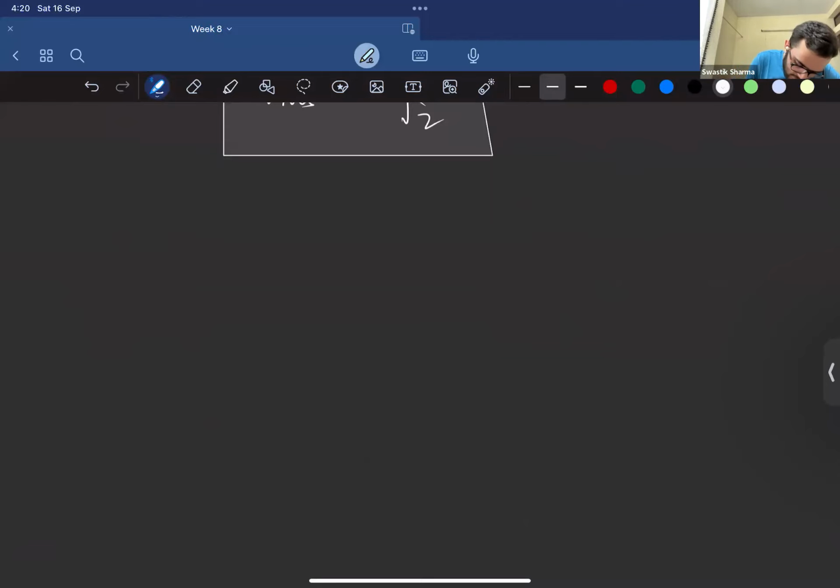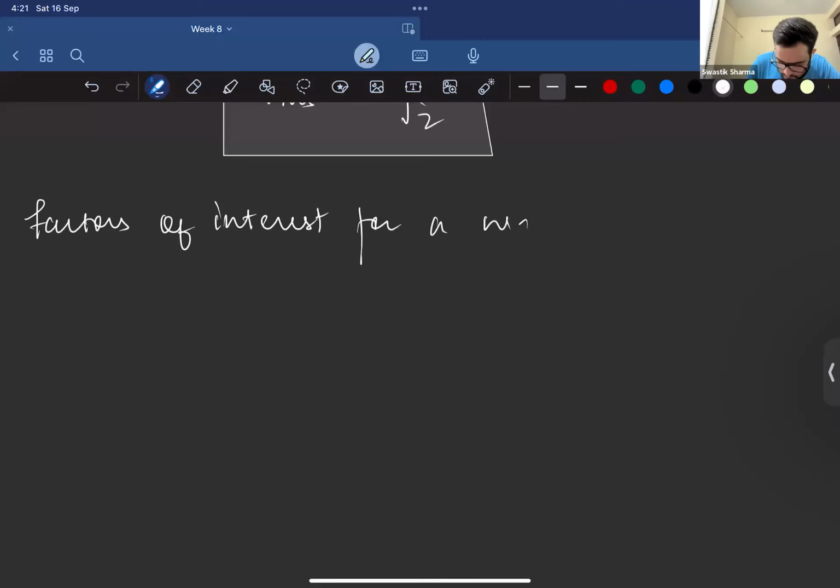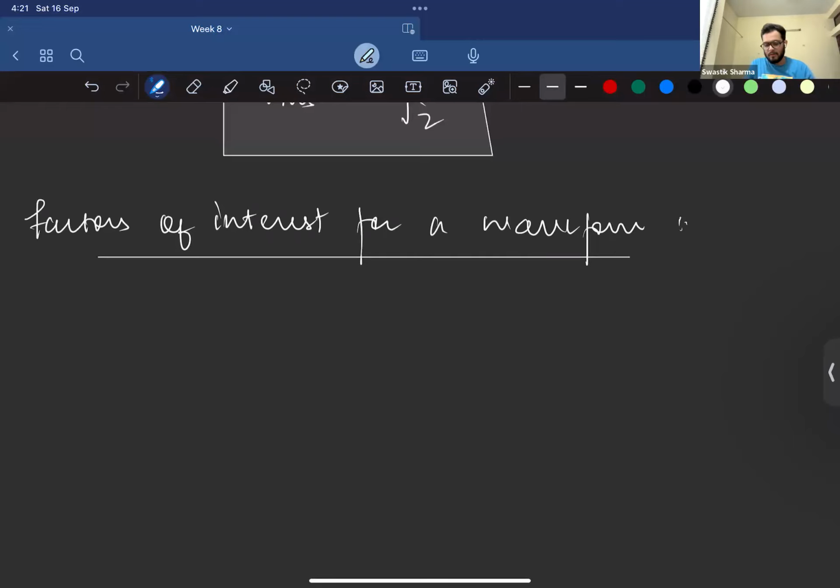So for waveforms, there are some interesting factors that we calculate for the waveform.